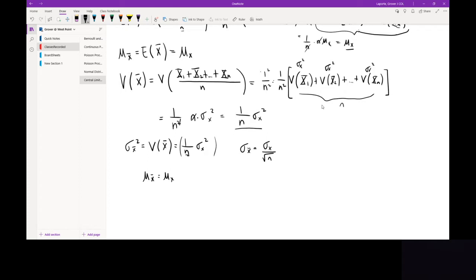So this is the sample mean, and this is the underlying distribution. And then sigma x bar is equal to sigma x divided by the square root of n.